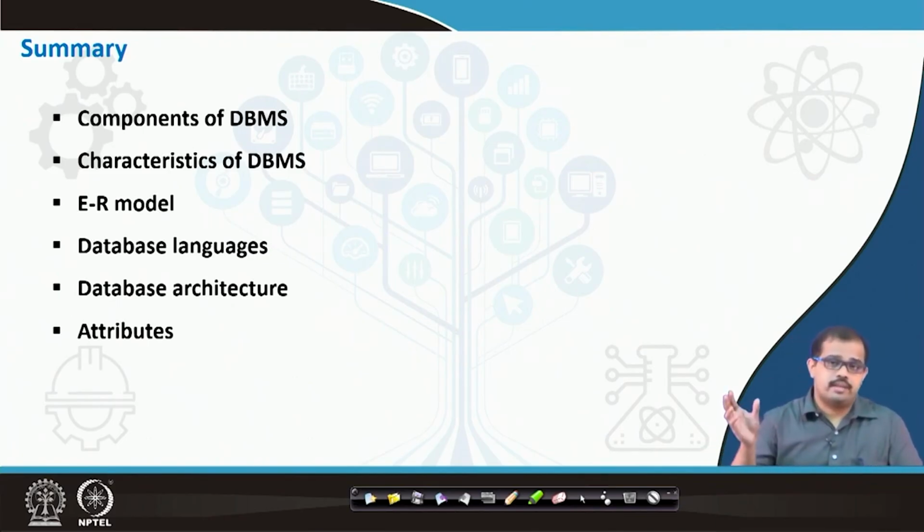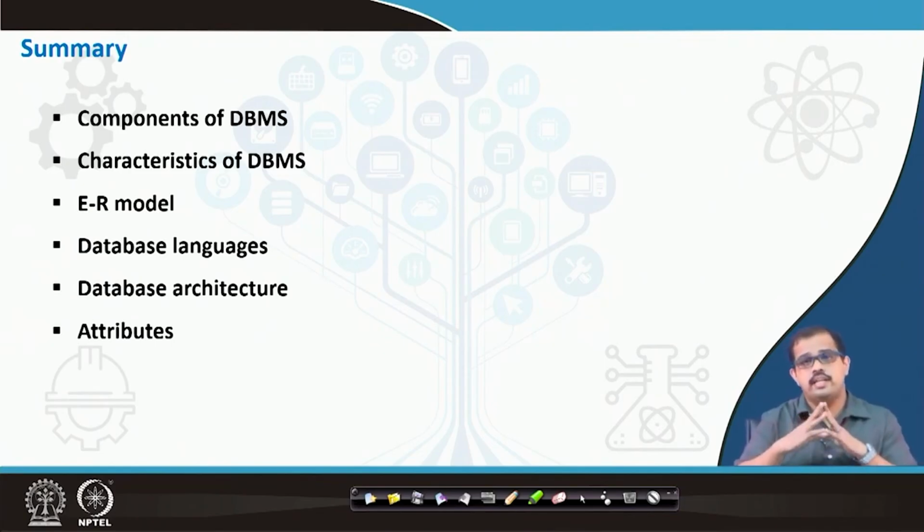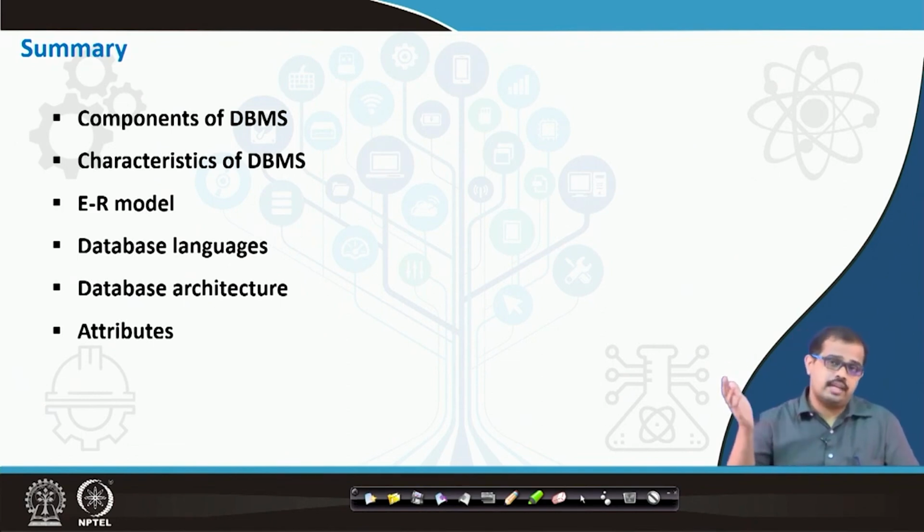That is nothing but a relationship. It is normally in the form of a diamond box, and this is nothing but an ER model. And when we looked at the database languages, we said that broadly they can be classified into two. One is the data definition language, the other is the data manipulation language.